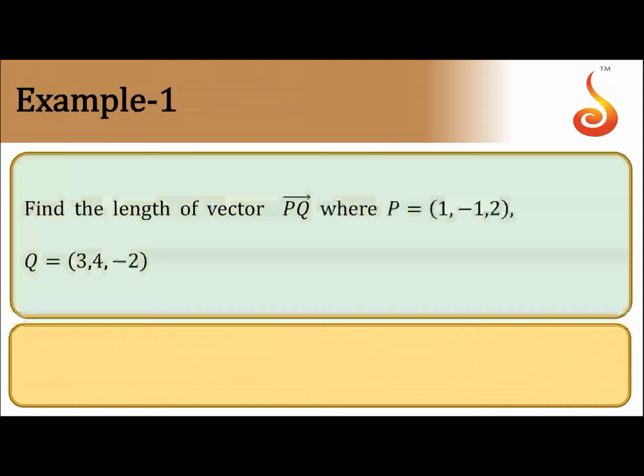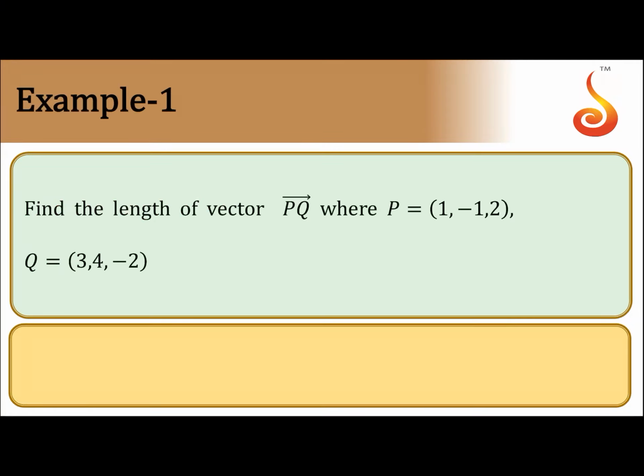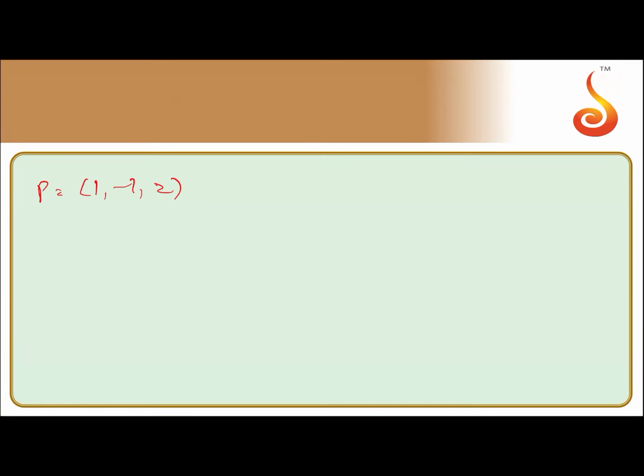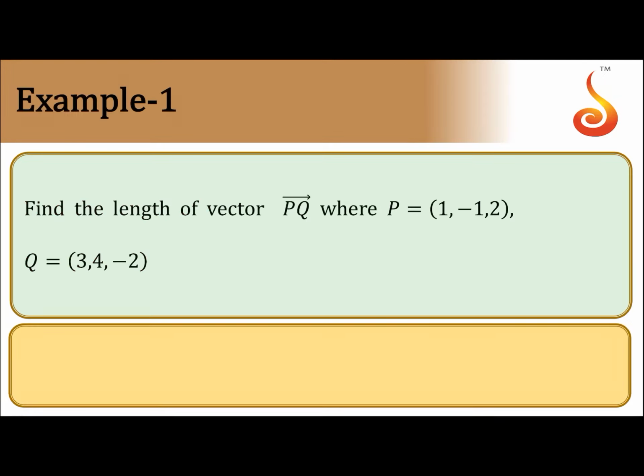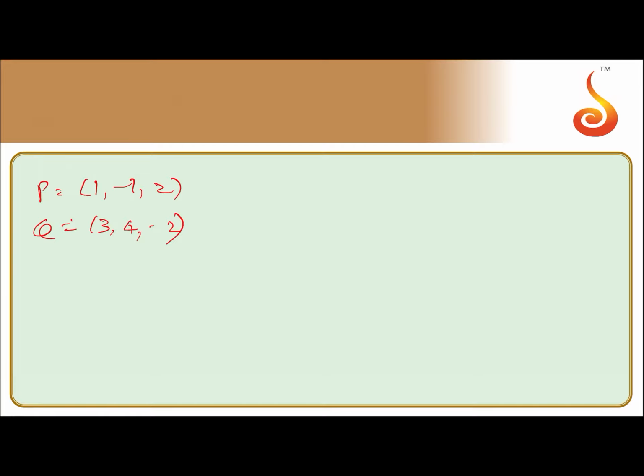It's very simple. Find the length of the vector PQ, where P is 1 comma minus 1 comma 2, and Q is 3 comma 4 comma minus 2. You need to find the length of PQ vector.